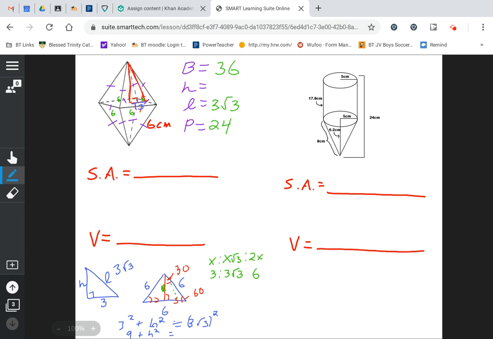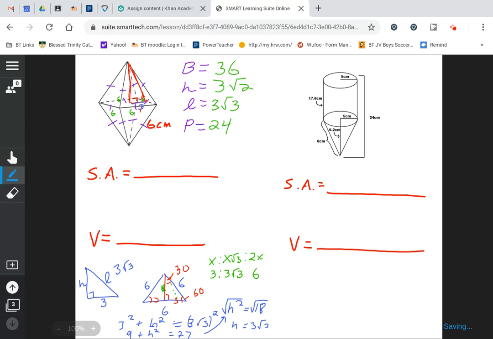Root 3 squared is 3. So 9 times 3 is 27. So that leaves me with h squared equals 18. And if I square root that on both sides, h is equal to 3 root 2. All right, so now I have everything I need to figure out the rest of my problems.